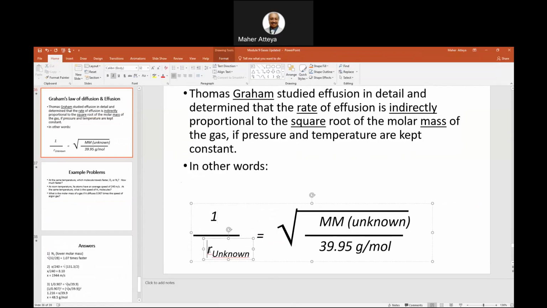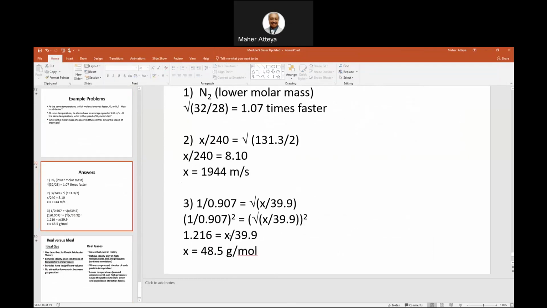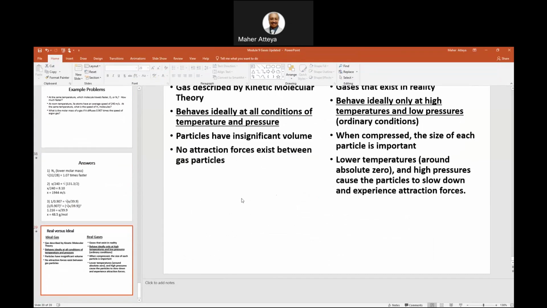And this one here is faster, 0.907. Then cross multiply, square both sides, take the square roots to get the molar mass. The answer is here: 1 over this, x over the molar mass of argon. So you can tell this is the molar mass of 48.5 grams per mole.